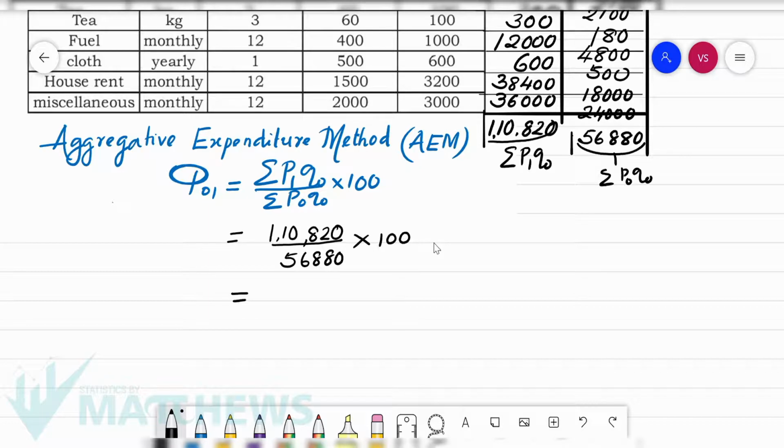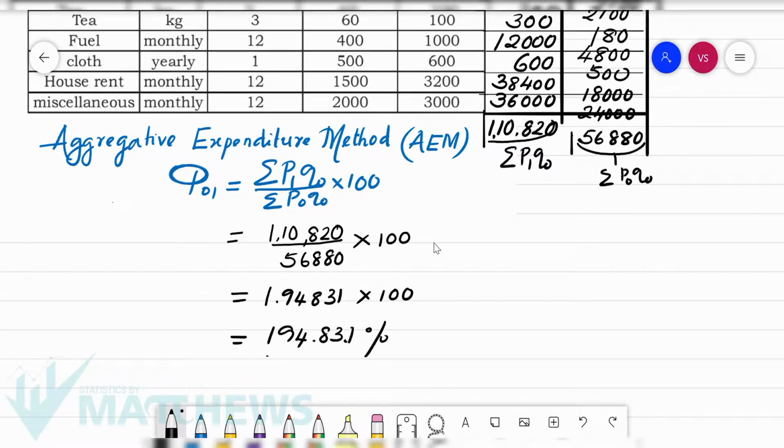So now when we do this calculation, 1 lakh 10,820 divided by 56,880 is equal to 1.94831. We multiply with 100 and we get 194.831 percent, students.